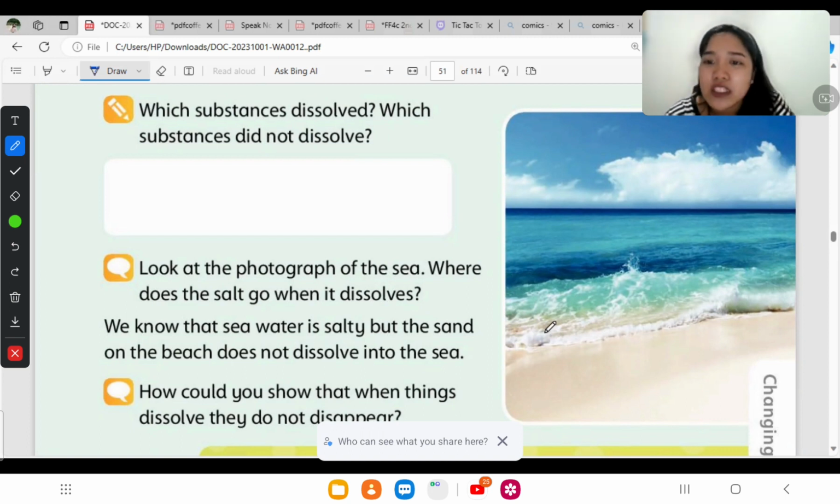Yes. So commonly our sea or ocean is salty. So some salt there is dissolved. We cannot see that. But look at the sand. It's at the sea, in the water, but it does not dissolve.